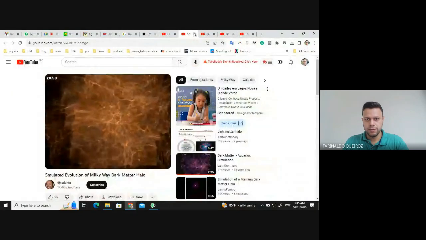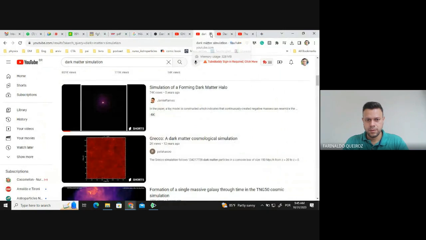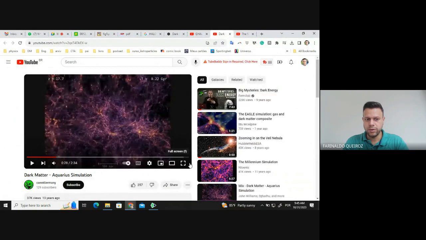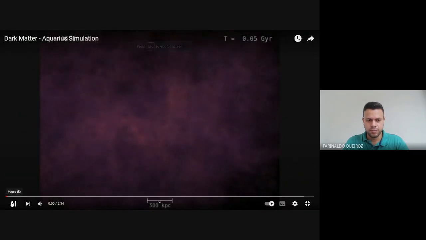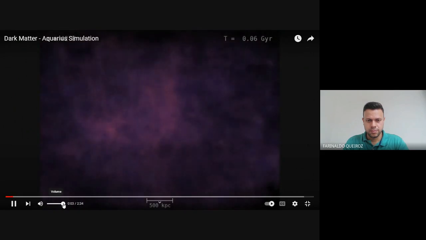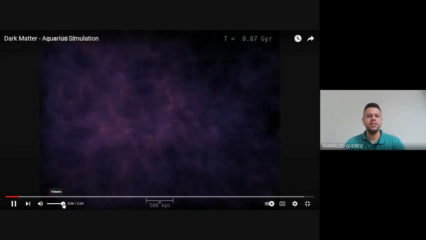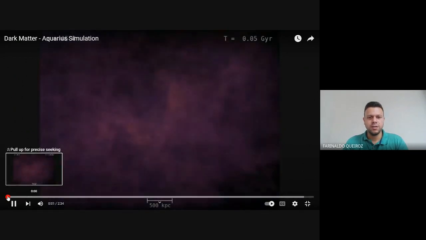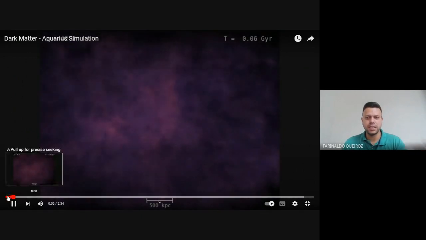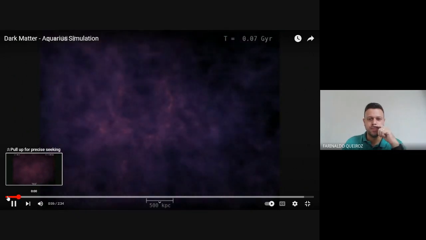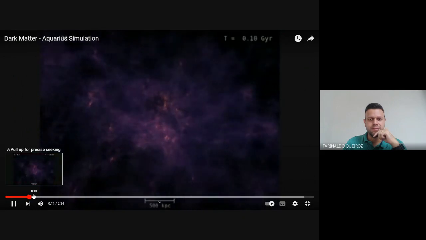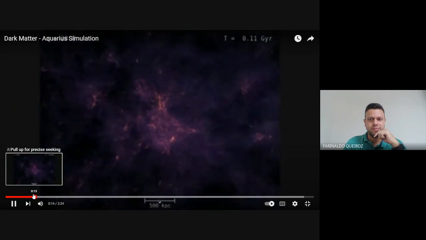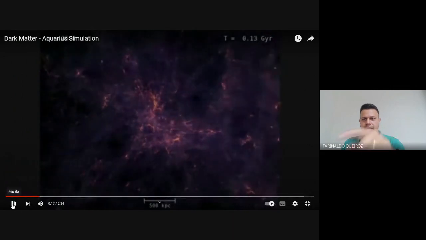Let me show you another one. This one is old, but it's the one that I saw on YouTube. So it's a smooth halo, see? It started with a smooth halo. It's like uniform at the beginning, but the inhomogeneities are very small. Then they start clumping. And that's the time here in gigayears, on the top.